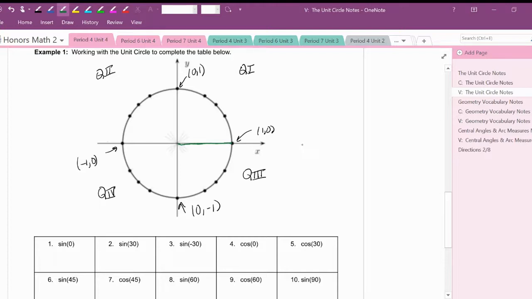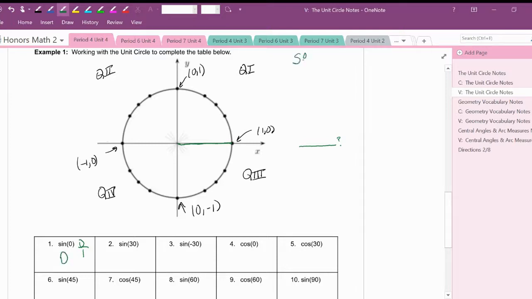When I have this type of situation, I don't have a triangle. There's no angle there whatsoever. So there is no side opposite, or that side opposite has a value of 0. And then because we're using the unit circle, the radius is always 1, or the hypotenuse will always be 1. So that ratio would be 0/1.